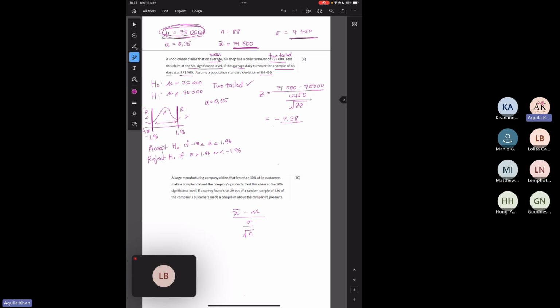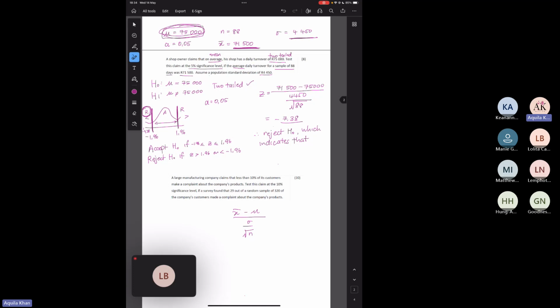And this is our region of rejection. So this then says to us to conclude that we will reject the null hypothesis, but we can't just leave it like that. We need to further substantiate why we are rejecting the null hypothesis.